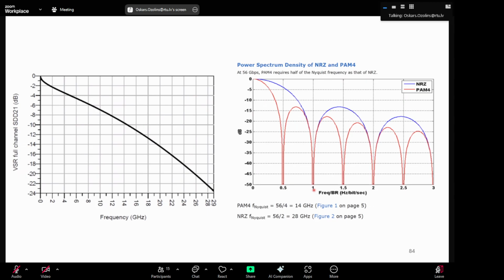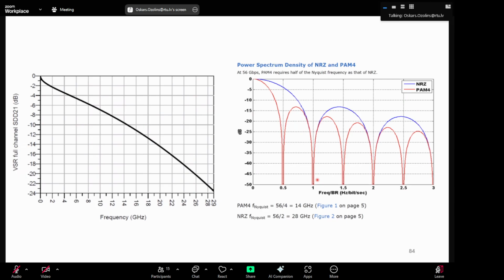If we just calculate the Nyquist frequency, of course, this is under the assumption that the channel is flat, so an ideal channel, and then there's no significant digital signal processing involved.